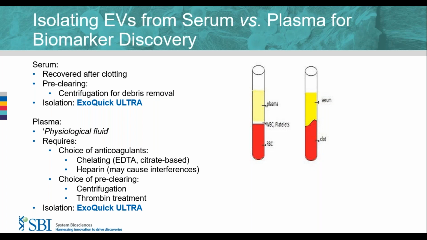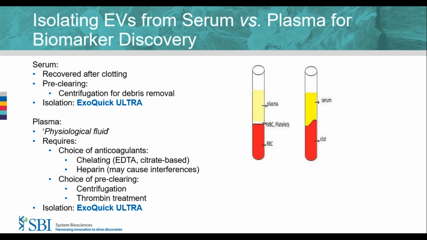There are all of the blood cells and it's in the state as it was in the patient. However, it requires a very wise choice of anticoagulants. Normally, chelating agents such as citrate-based ones are the most recommended, as heparin may cause interferences, especially with PCR and NGS downstream. The choice of pre-clearing is also important.